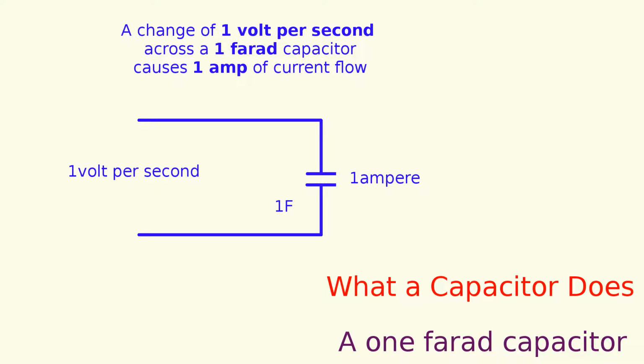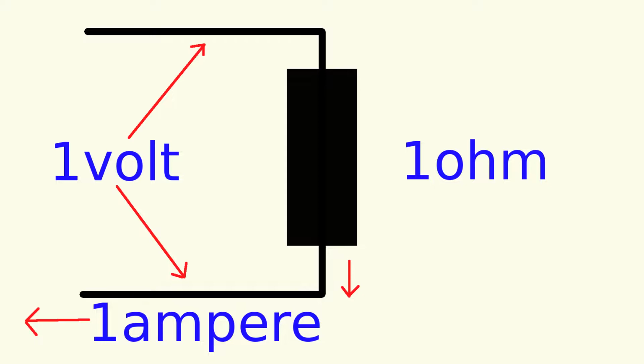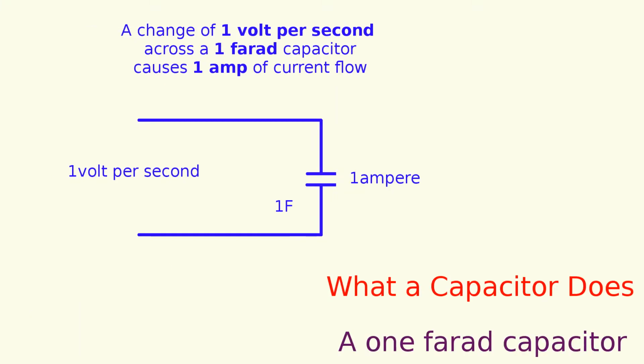For the capacitor in the time view, a circuit with 1 volt per second rate of change across a 1 farad capacitor will have 1 ampere flowing through it. The resistor, 1 volt, 1 ohm, 1 ampere. The capacitor, 1 volt per second, 1 farad, 1 ampere.